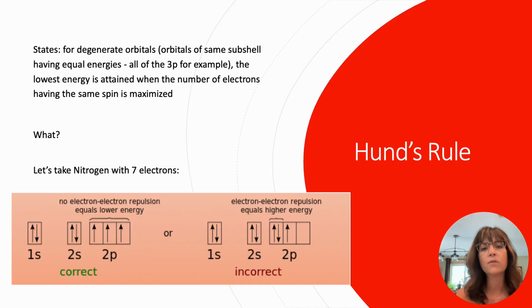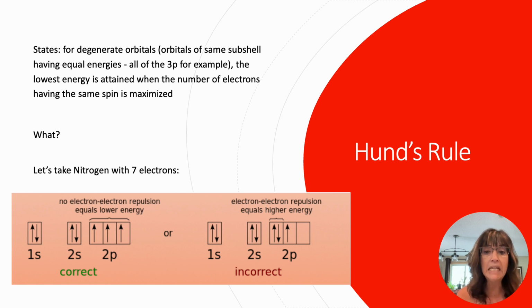More rules. Why is the electron configuration in such a particular way? The 1s2, the 2s2, the 2p6, 3s2, 3p6, 4s2, 3d10, 4p6. Why do we do that? Well, Hund's rule states that for all degenerate orbitals, what does that mean? Orbitals of the same subshell. Let's think about all of the 3p.